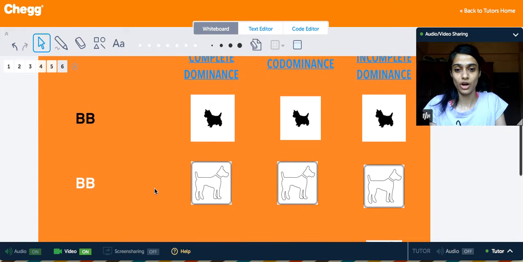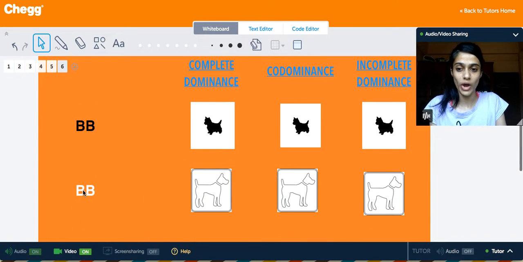Similarly, if the dog inherits 2 white B alleles from his parents, then that dog, as you can imagine, is going to have white fur in all 3 instances of complete dominance, codominance, and incomplete dominance. So these are the 3 different types of dominance I want to explain to you. Now, when the dog is homozygous for the black allele or the white allele, you can see that in all 3 cases the fur color is black or it's white.